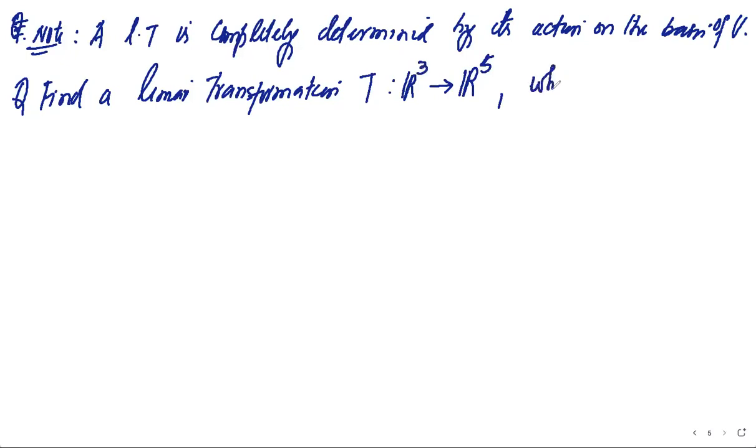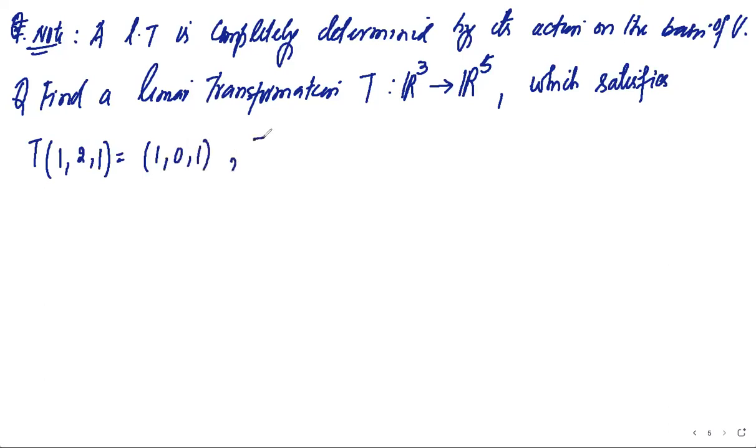Which satisfies T of, suppose, 1 2 1 is equal to 1, 0, 1. T of 2 1 2 is equal to minus 1 0.